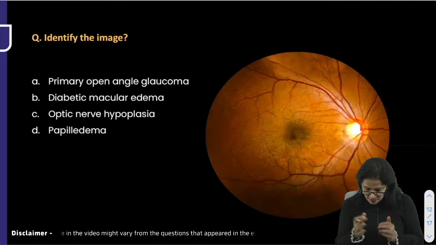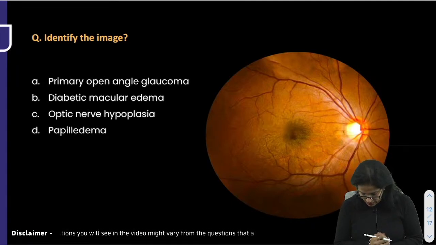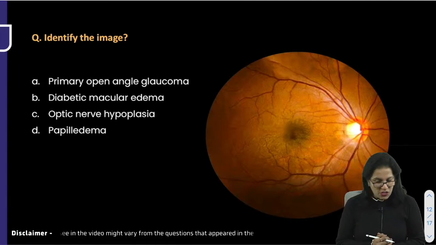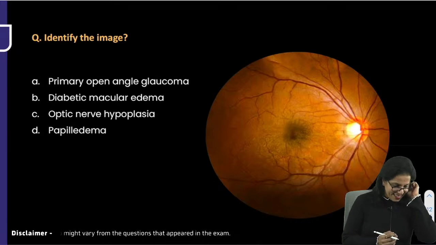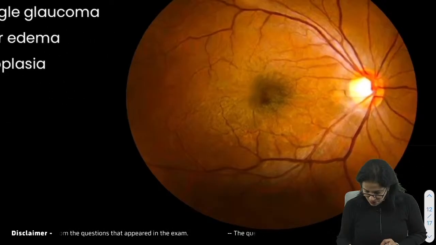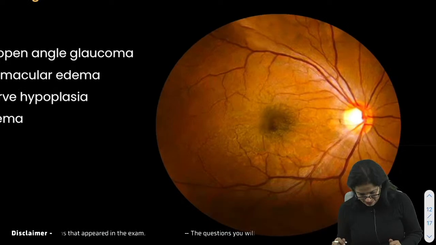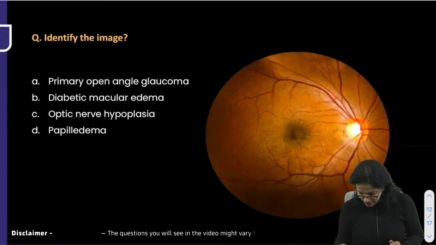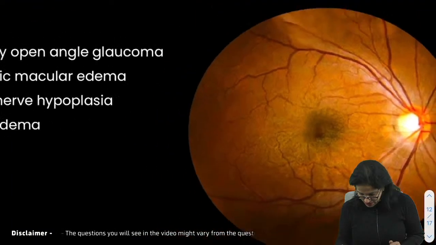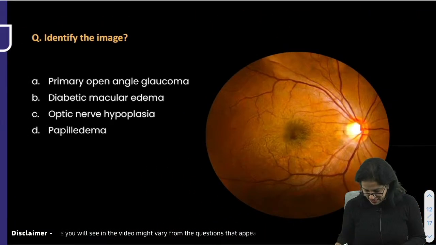Now, look at this image. Guys, tell me, was this the image in the question first of all? I first want some feedback from you all. Exactly, this was it? Because I don't find the macula normal here, it seems to have changes. It could be edematous.